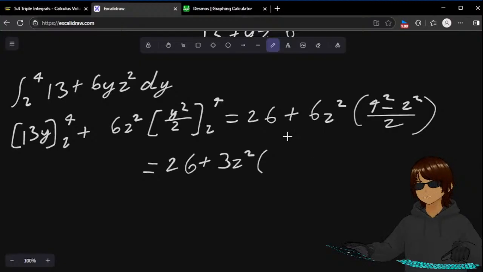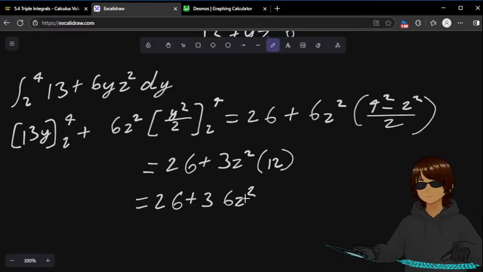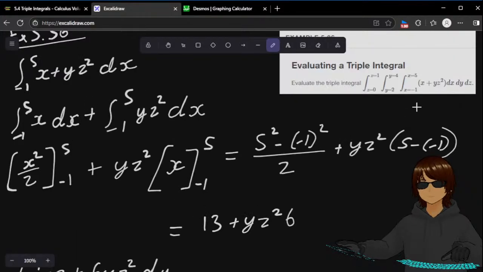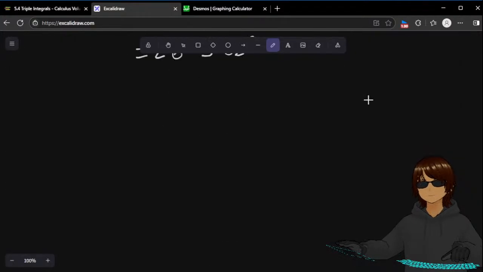So 4 squared is 16 minus 4. Is that right? Yeah. Now we do it with respect to z from 0 to 1.